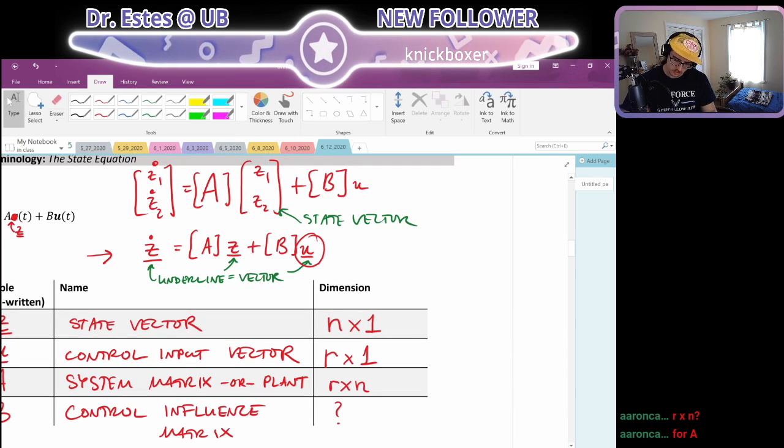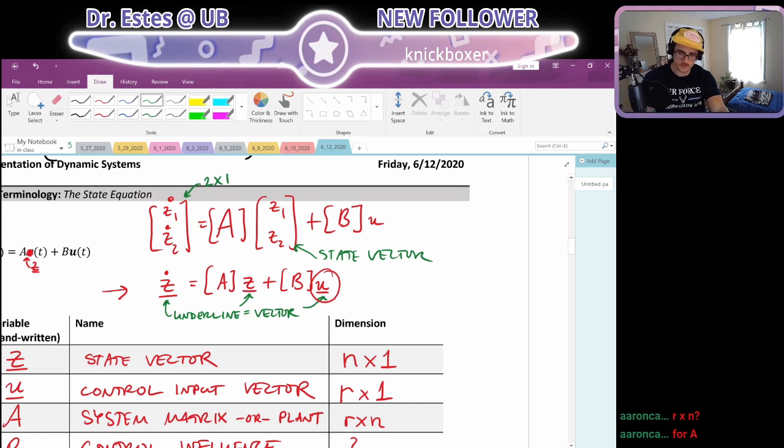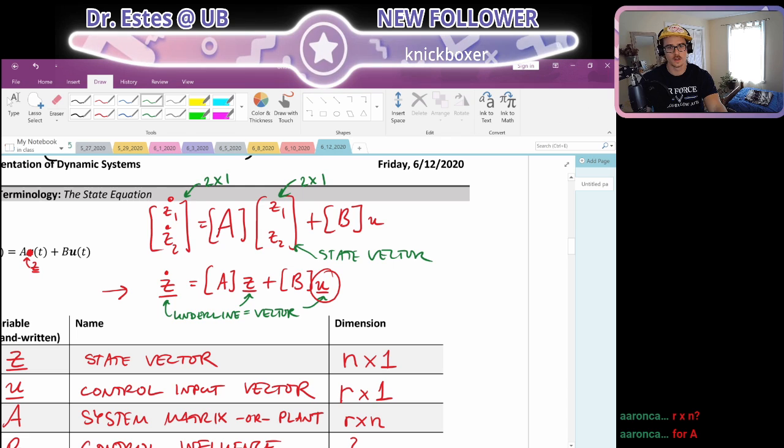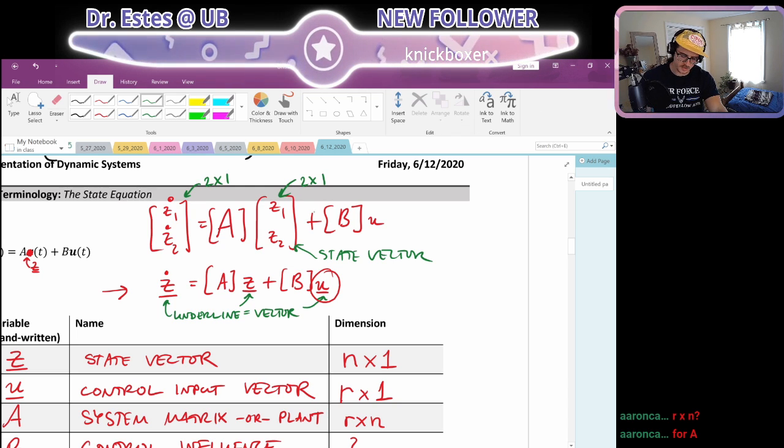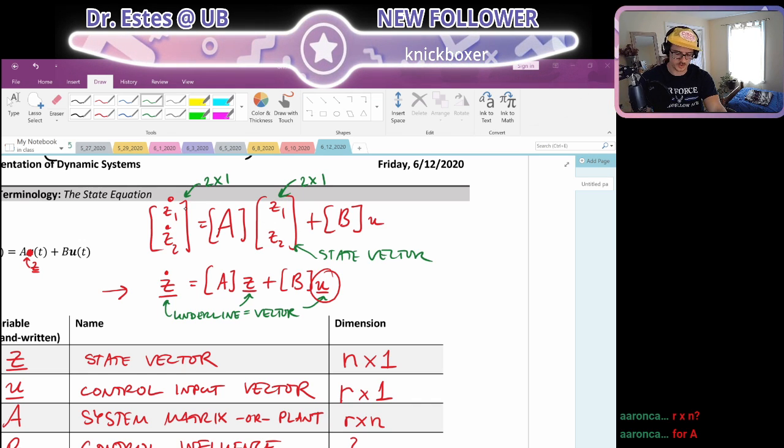So let's look at this right here. So I know that this vector is 2 by 1. And I know that my state vector is 2 by 1. And let's forget about the B times U for now. But I know the left-hand side has to be equal to the right-hand side. So a 2 by 1 has to be the result of multiplying the A matrix with another 2 by 1 matrix.